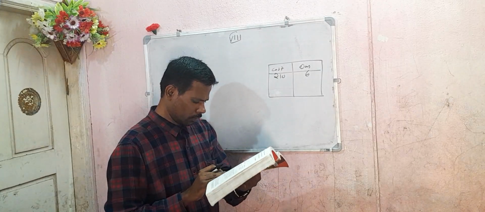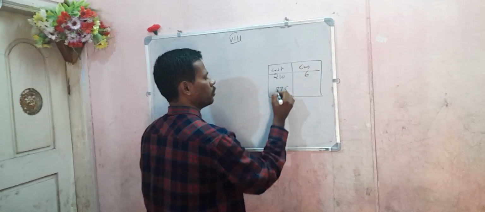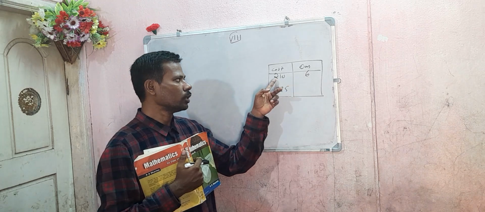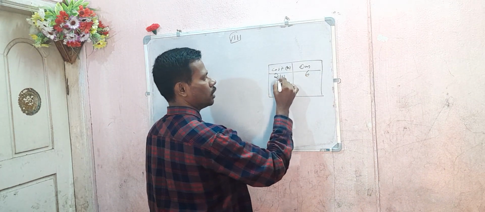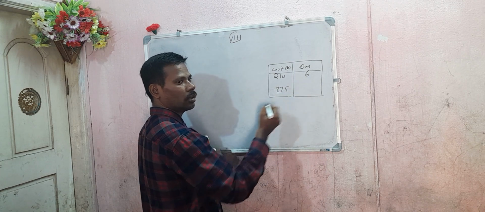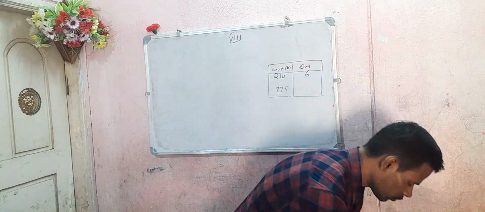If his total income of the month is 875... Once again, a worker is paid, cost is nothing but rupees, 210 for 6 days. If the cost is 875, how many days will he work?